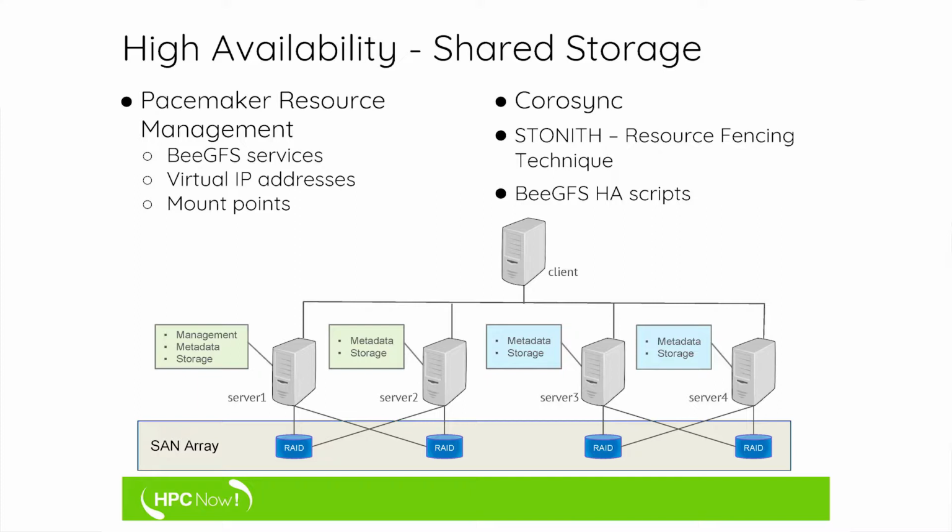And then the virtual IP addresses. As the services are linked to an IP, those IPs, in case of failure, need to migrate to another machine. And also the mount points associated with the machine will have to migrate.